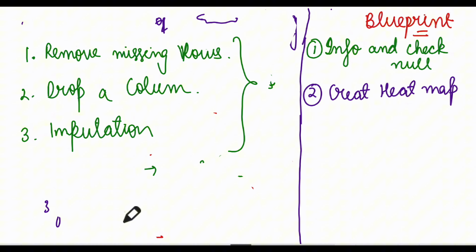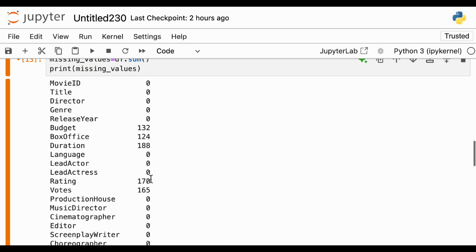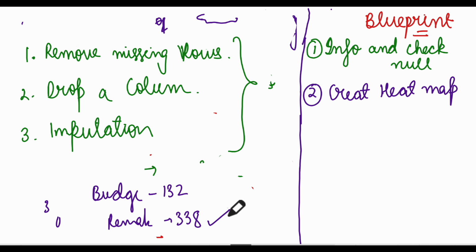Now comes the main decision. For example, let us say we had this variable. We saw in our missing values that remake has 338 missing, and budget has 132 missing. If you say that for remake, let's remove all 338 rows, will that make any sense? No, because you are altering budget, which is more important when I have to evaluate a movie's financial success.